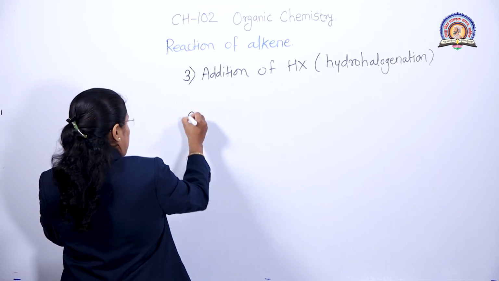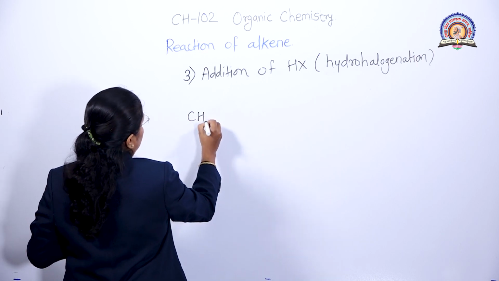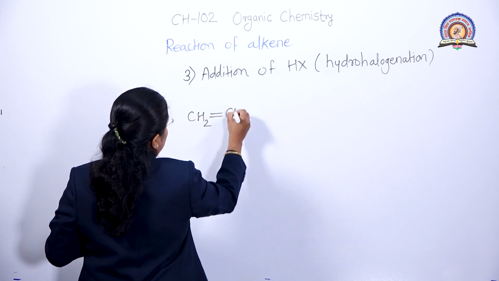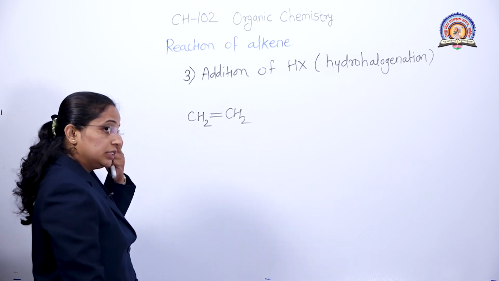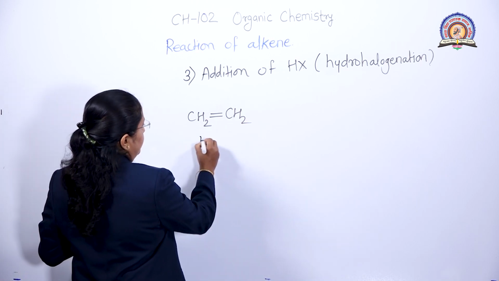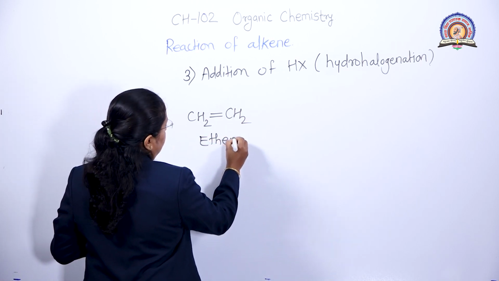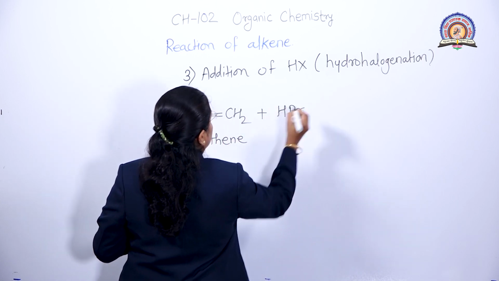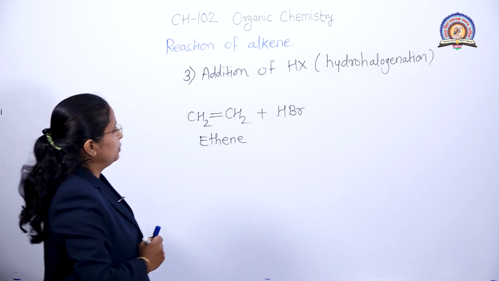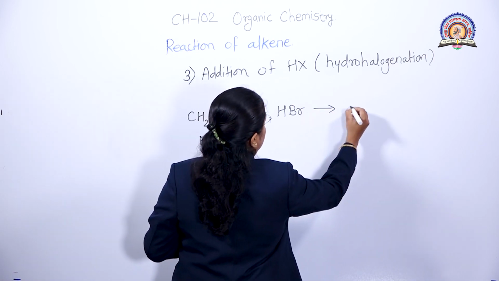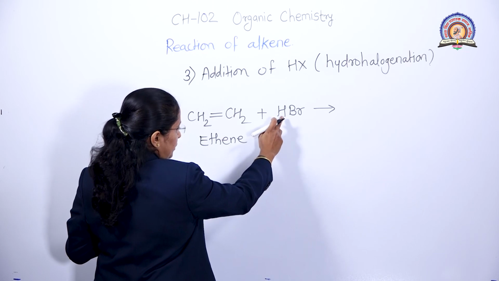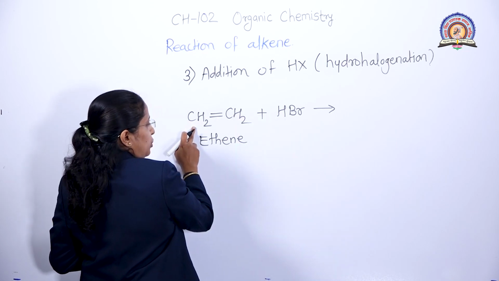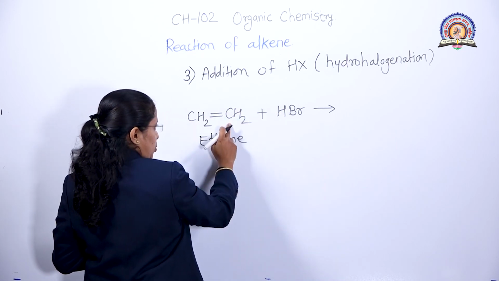We take the compound CH2 double bond CH2. Again, this is nothing but ethene. In that we add HBr. HBr addition, and we get one hydrogen shifted to this carbon and bromine attached to this carbon.